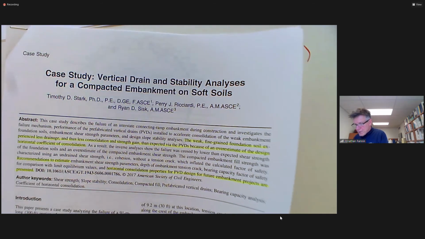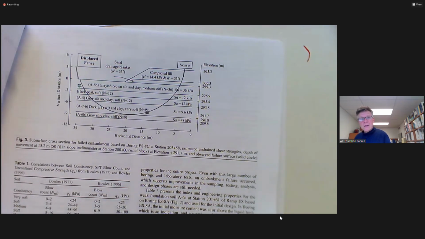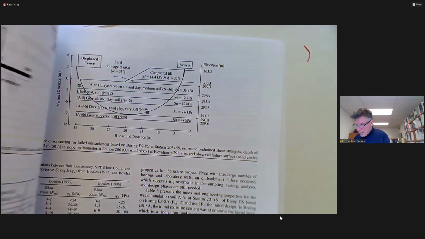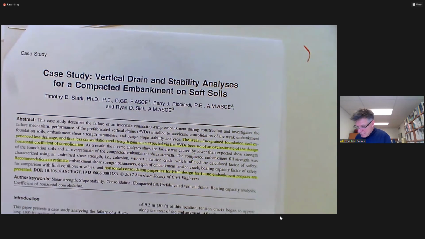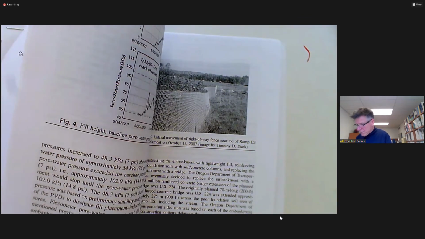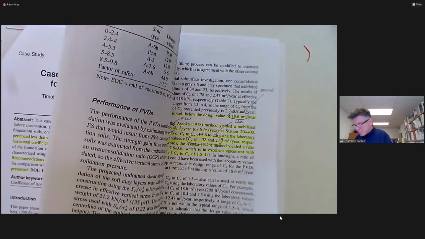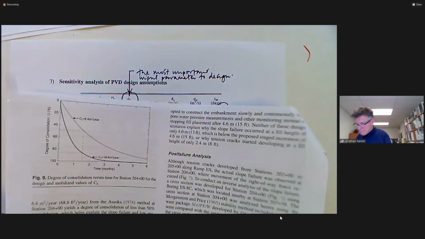What happened was this embankment was built with PVD, prefabricated vertical drains underneath it, and the embankment failed. And Tim Stark was called in with a team, I guess, to do a forensic analysis of this. And the key image for me in here is this one.